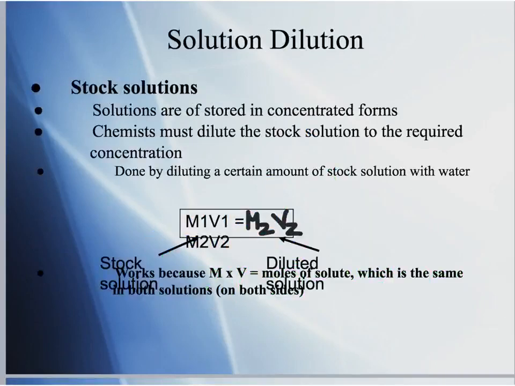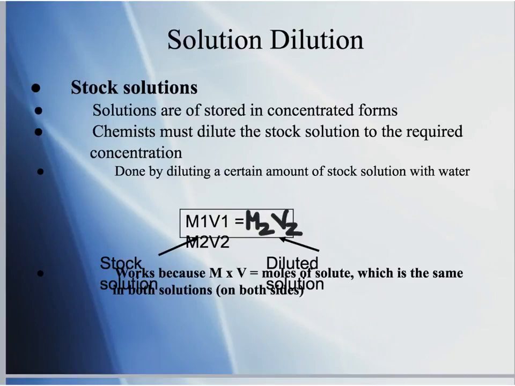All right, so hopefully those two ways of expressing the concentration of solutions make sense to you, the percent mass and the molarity. Now what we're going to do is talk about solutions that are already in liquid state, but that we may need to dilute.